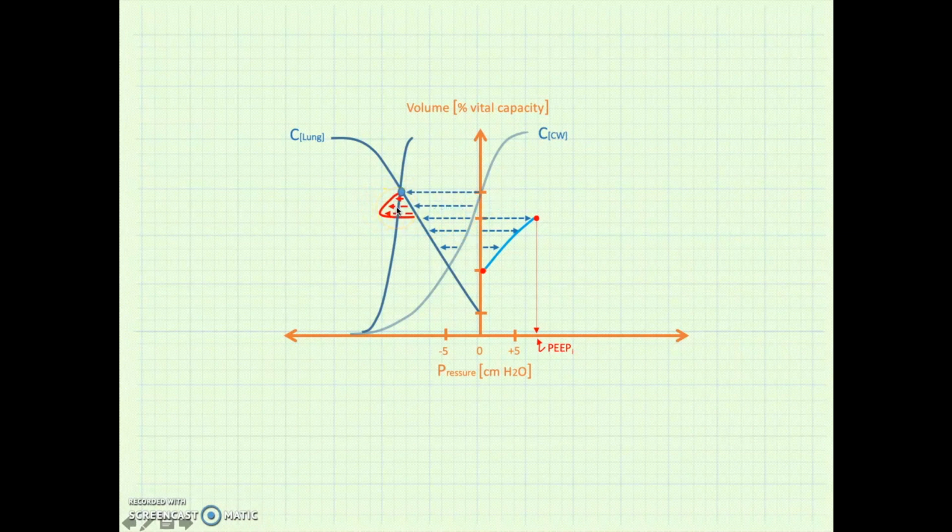But as you might guess, there's also the static portion of pressure and energy that must be generated at these higher lung volumes. And you see at the higher lung volumes, the chest wall and the lungs are stiffer, so the compliance of the respiratory system is less at higher lung volumes. So there's a greater elastic pressure or a greater elastic energy that must be generated at these higher lung volumes to breathe. So you can see that the energy for this breath is this component plus this component plus this component.